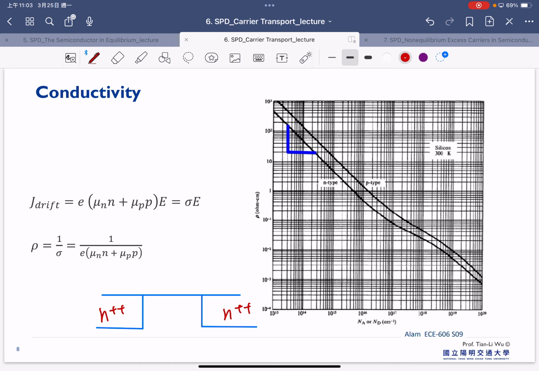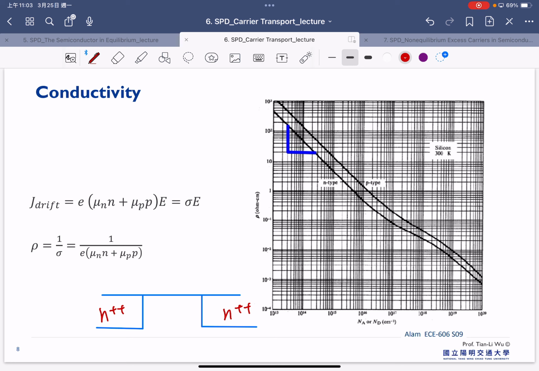Everything, when we design our device, comes with certain theory, certain equations, and a certain purpose. We can use this very simple conductivity or resistivity equation to understand why we design this with N++.